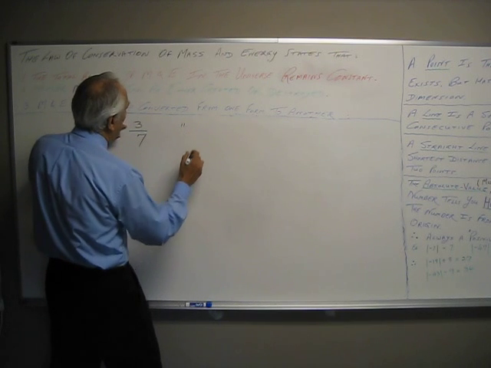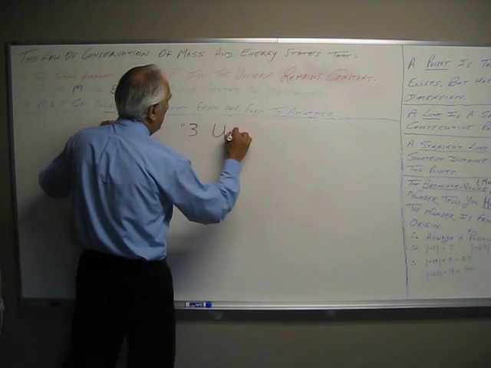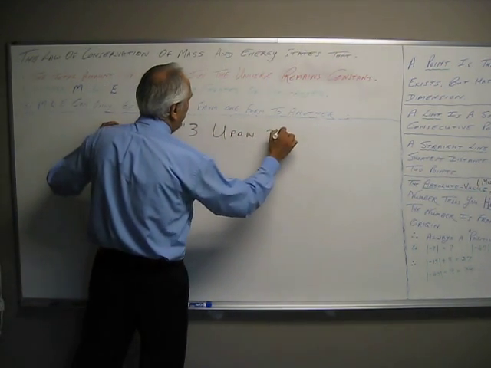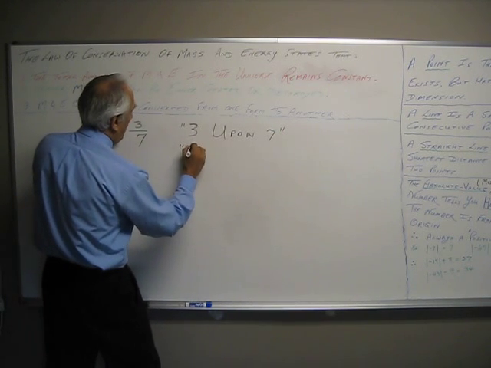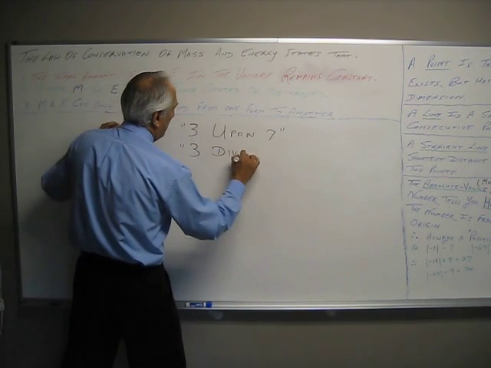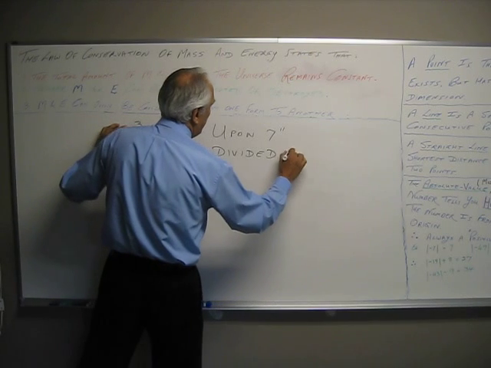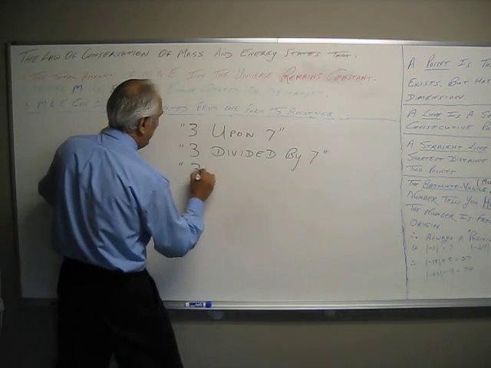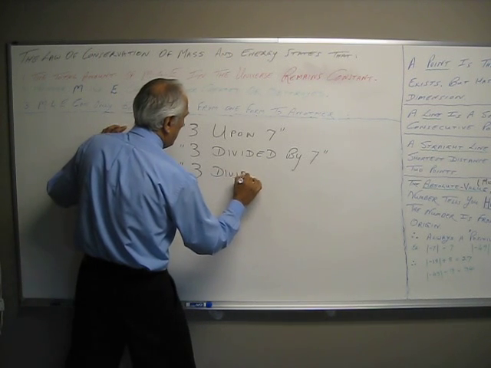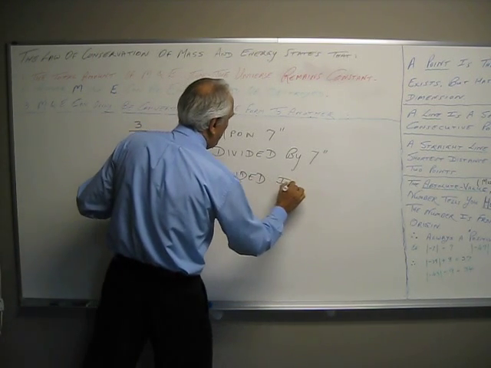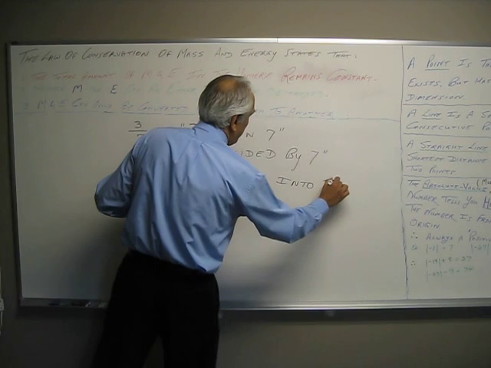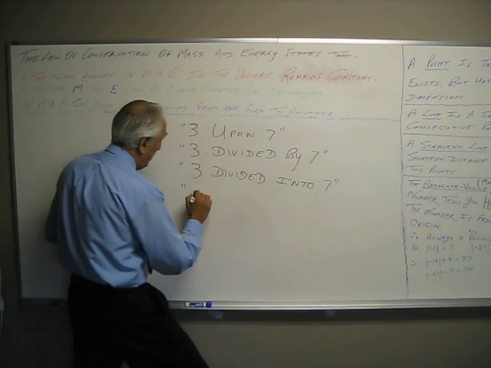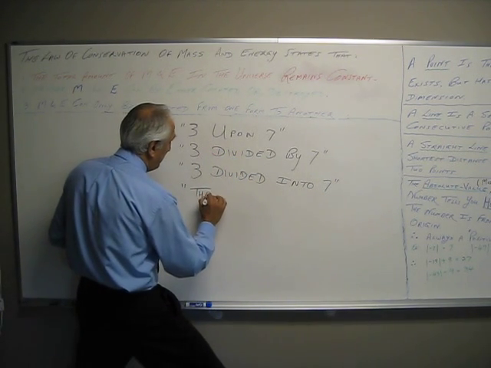This number can be verbalized as 3 upon 7 or 3 divided by 7 or 3 divided into 7 or 3/7.